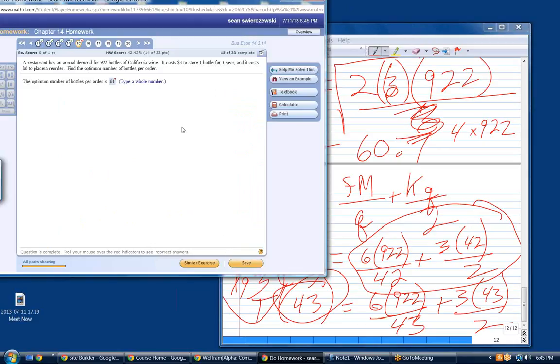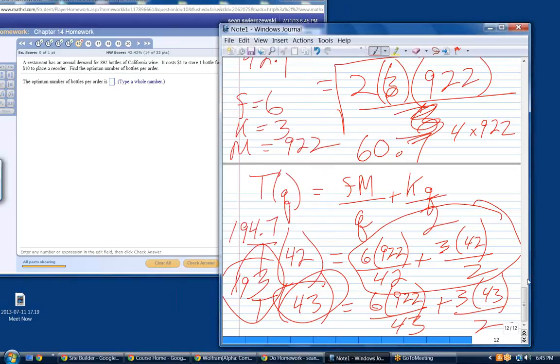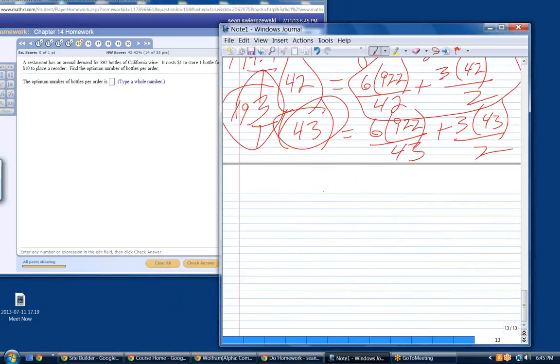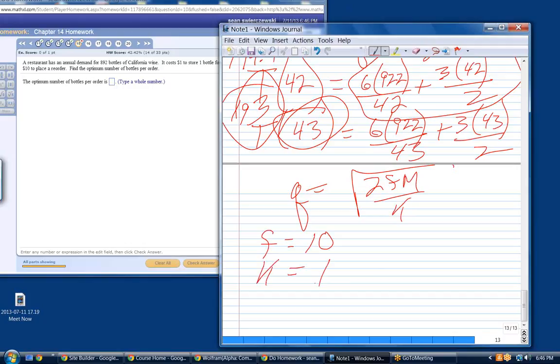So let's do a similar exercise. Okay. Q is the square root of 2FM over K. And in this exercise, F is 10, K is 1, correct? And M is 892.